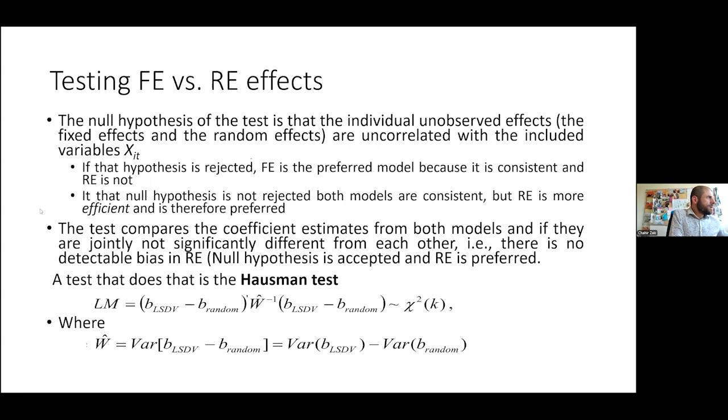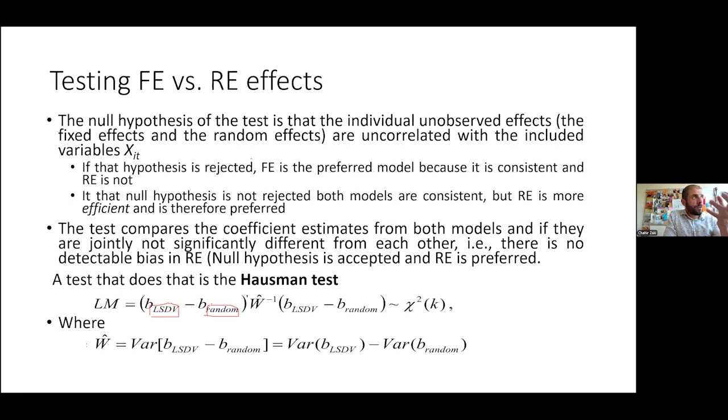As you can see here, I'm comparing the least square dummy variable, which is the fixed effect model, relative to the random effect model. So here I compare the parameters coming from each regression, multiplied by a weighting matrix and the same vector of coefficients, and it follows a chi-square distribution.